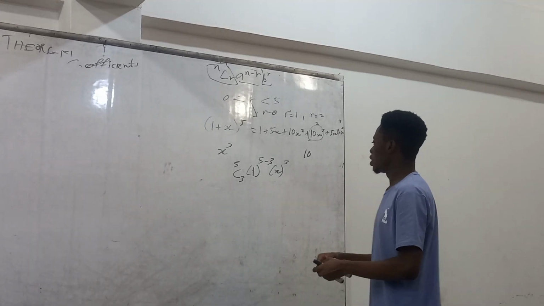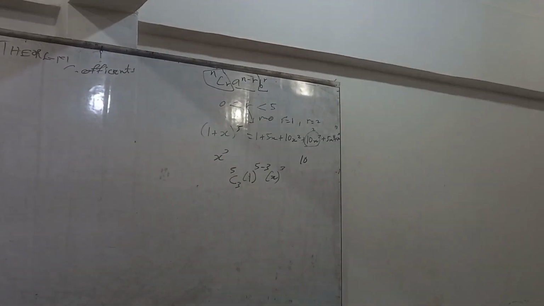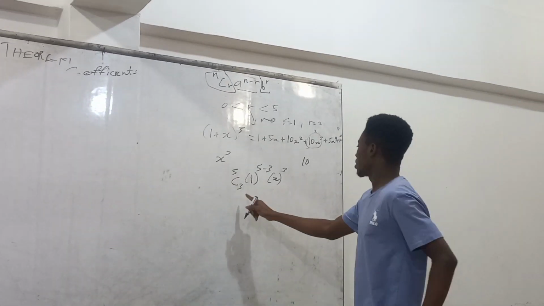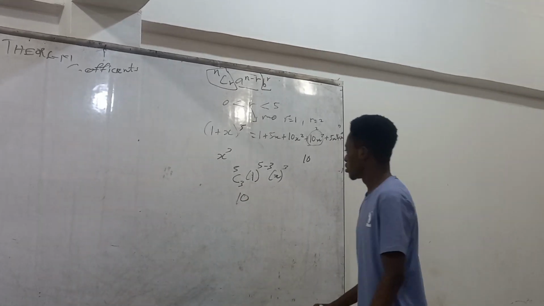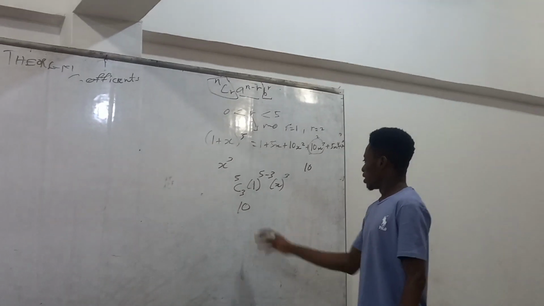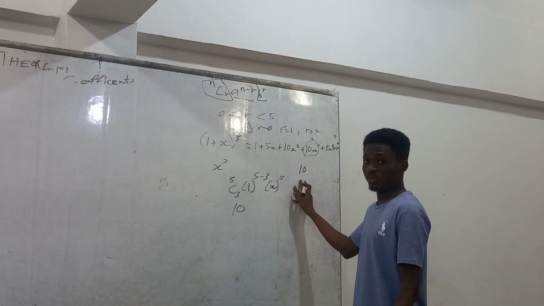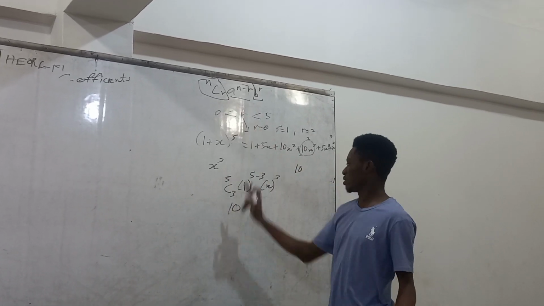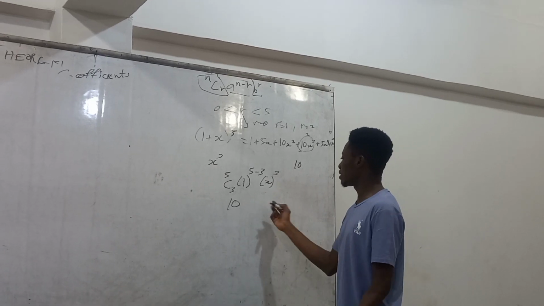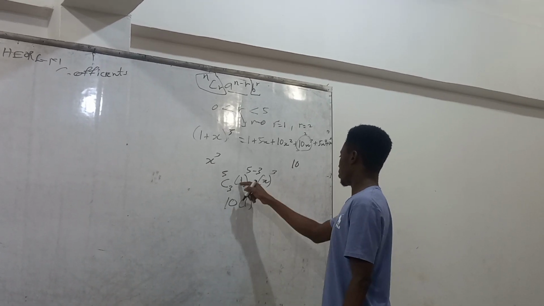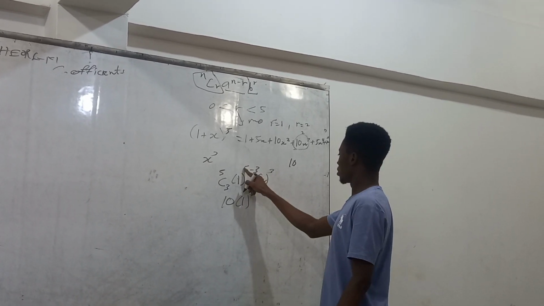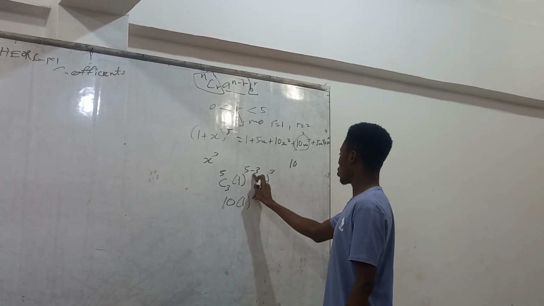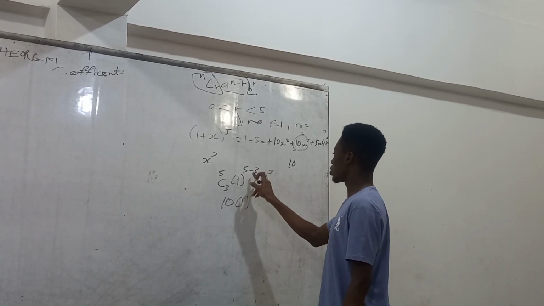So this is it. Here 5 combination 3 is 10. Now we have it. That's the coefficient. I told you, we are just looking for the coefficient. That's what we are looking for. But let's see, 1 to the power, because 5 minus 2, sorry, 5 minus 3 is 2.